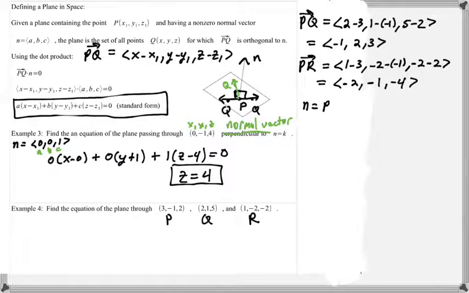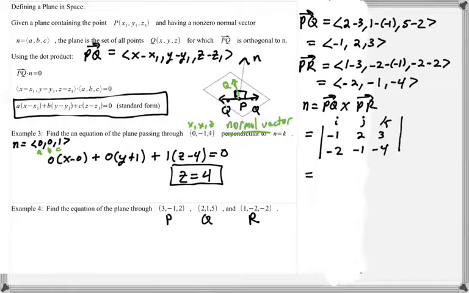And so our normal vector that we're going to use is going to be the cross product of PQ and PR. And if you recall, the cross product of two vectors is a vector that's going to be normal or orthogonal to the two given vectors. i, j, k, negative 1, 2, 3, negative 2, negative 1, and negative 4. Okay, so the i component, 2 times negative 4 is negative 8, minus negative 1 times 3 is negative 3.